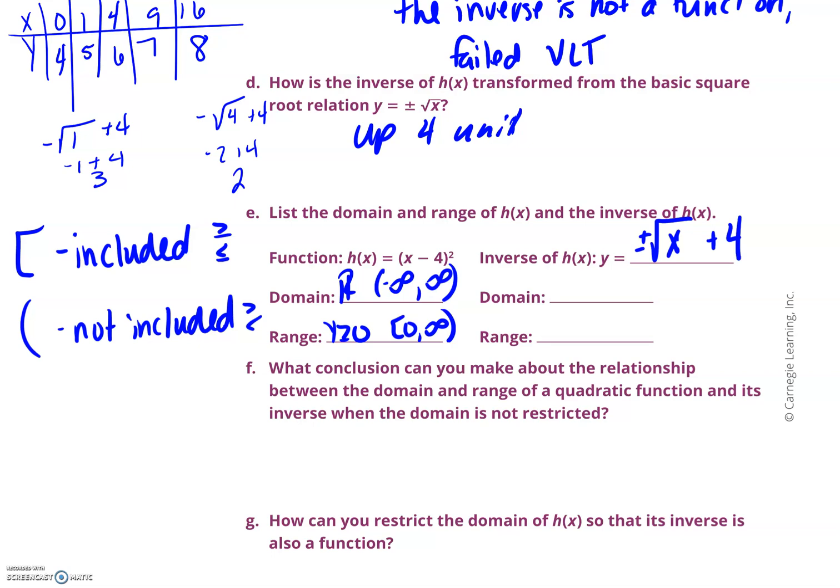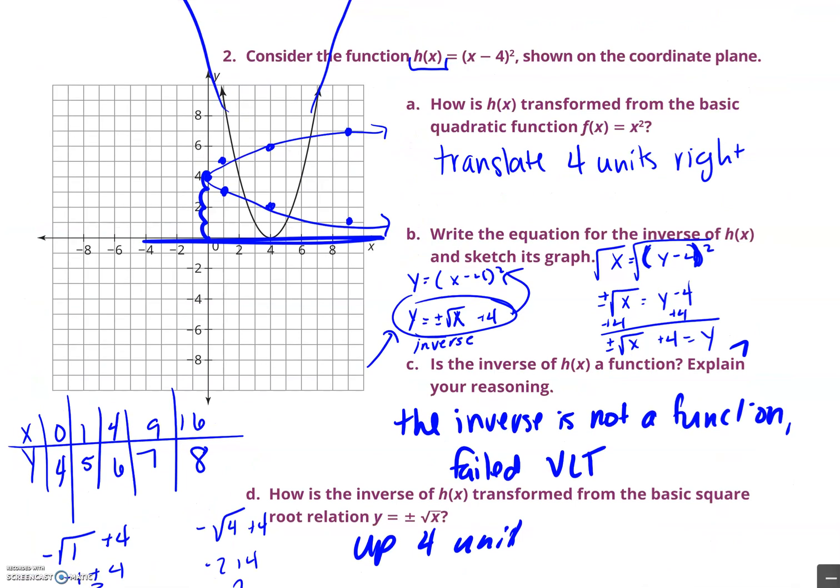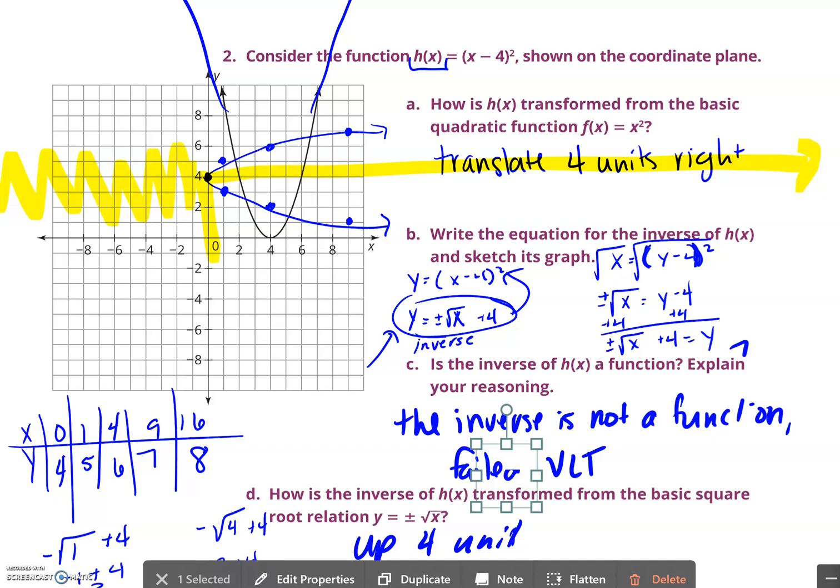All right, let's look at the inverse domain. So our inverse domain, remember inverse is x, so it's going to hit every x value along the way out here, but it's not going to hit any x value that is less than 0. It starts on an x value of 0.